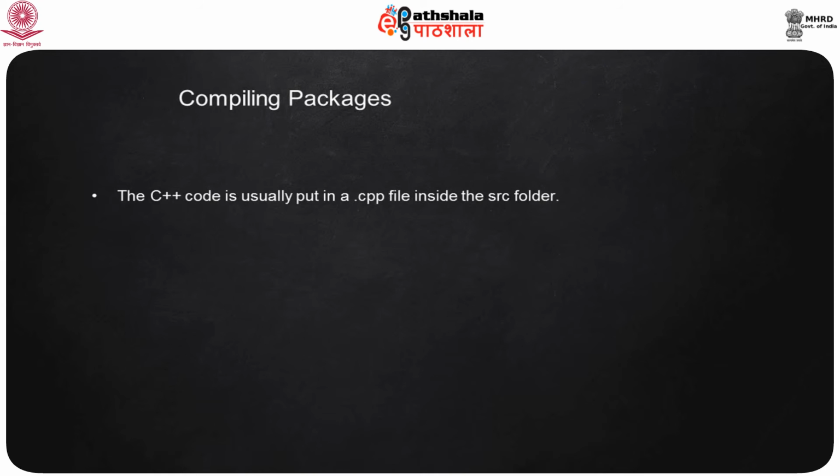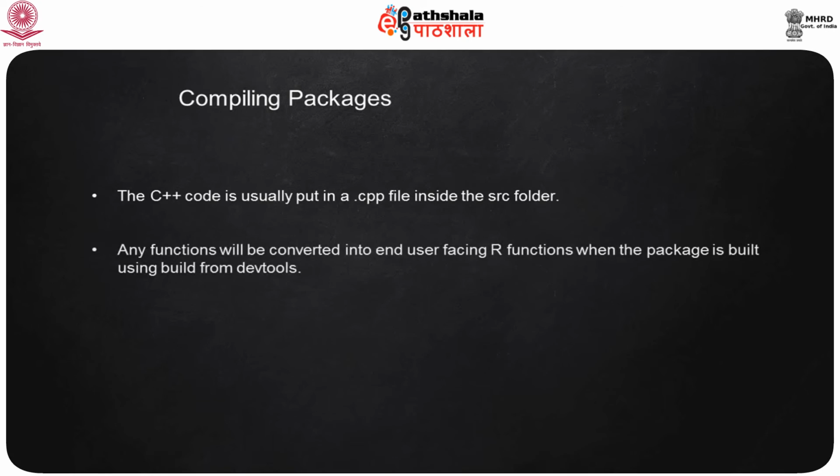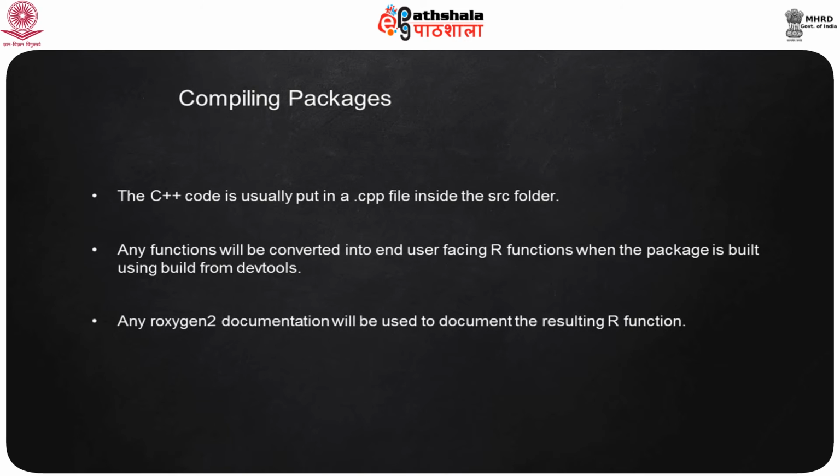So, these are some of the technical issues, and you just need to know what these things are. Any functions will be converted into end user facing R functions when the package is built using build or devtools. Any Roxygen2 documentation will be used to document the resulting R function, and the vector add function should be written using Roxygen2.